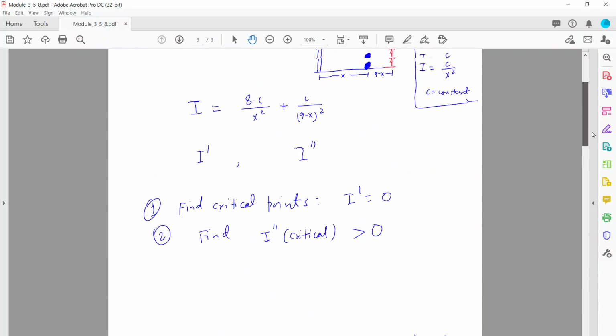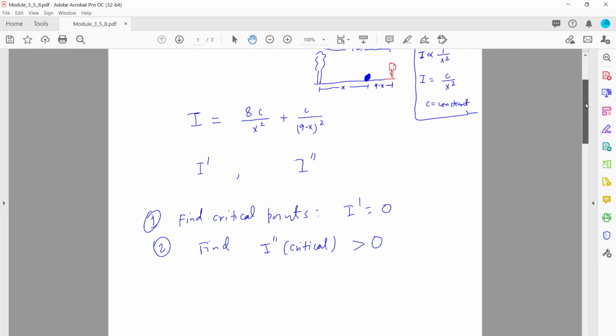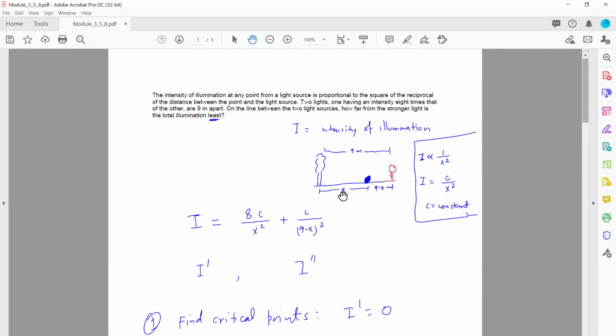Okay, so that's the answer. How far from the stronger light is the total illumination least? The total illumination will be least if the distance of that point is 6 meters from the stronger light source.